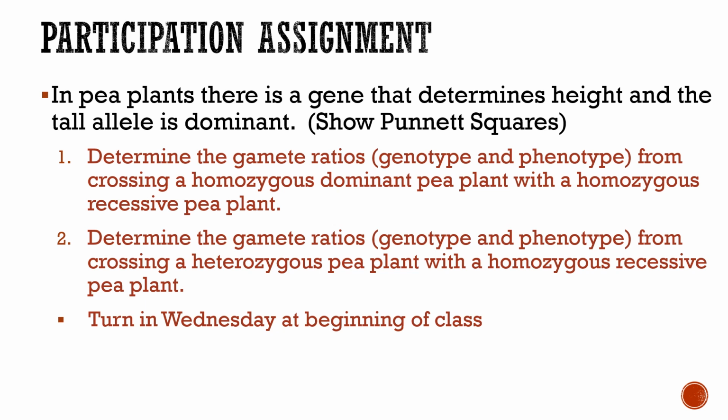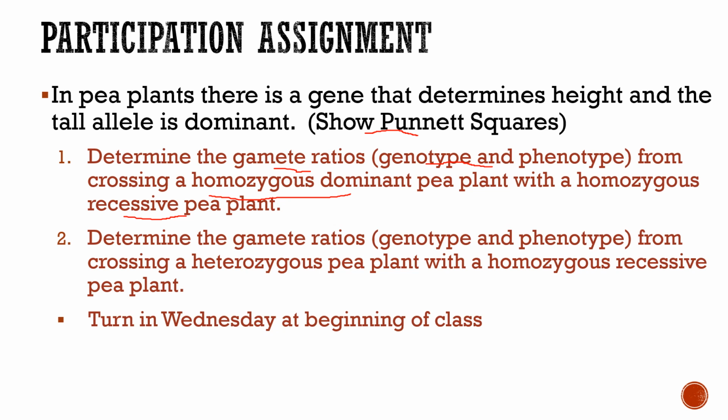So whenever you're writing these out on a piece of paper, draw out your Punnett squares. Determine what the gamete ratio is. So again, the offspring that are made here. So again, genotype and phenotype. If we crossed a homozygous dominant pea plant with a homozygous recessive pea plant.